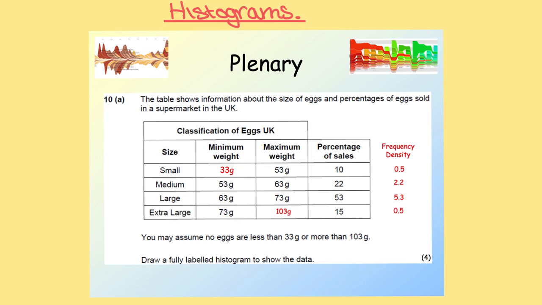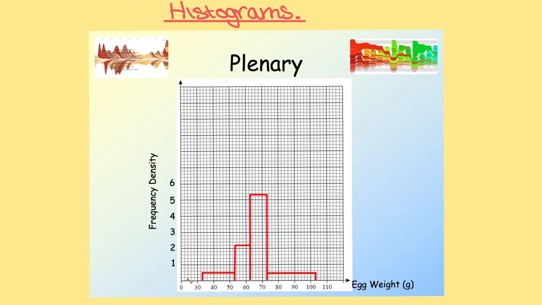And the last one is 0.5, 15 divided by 30. If we draw that on a histogram, the egg weight goes along the x-axis and the frequency density goes on the y-axis.